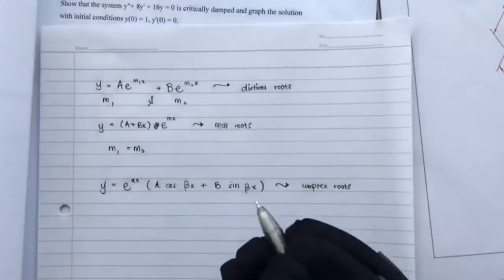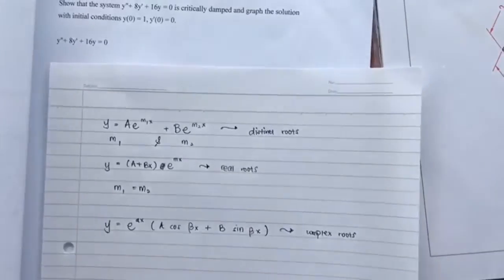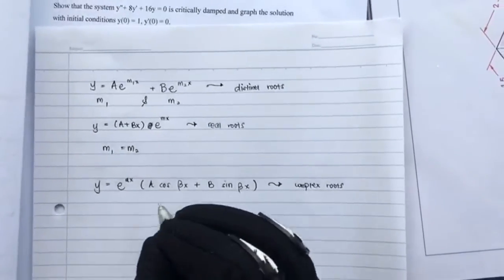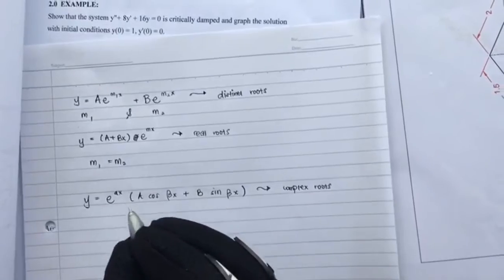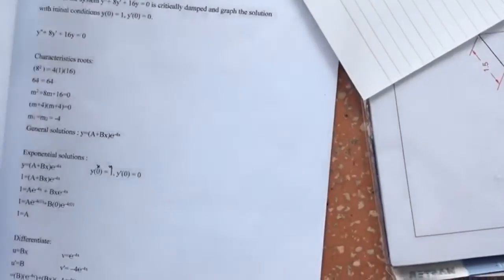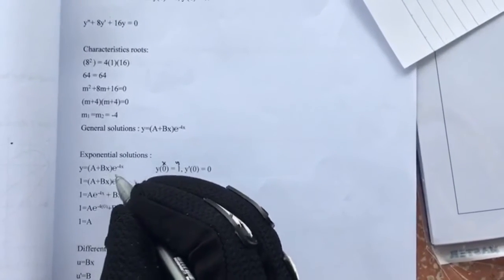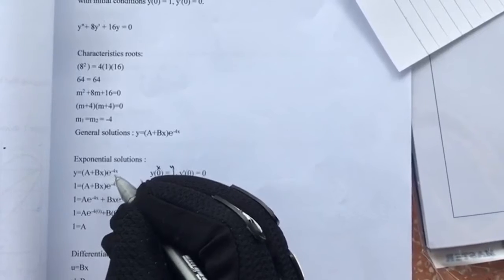When we have complex roots, we use this formula. Then we find the exponential solution: y equals (A plus Bx)e^(negative 4x).